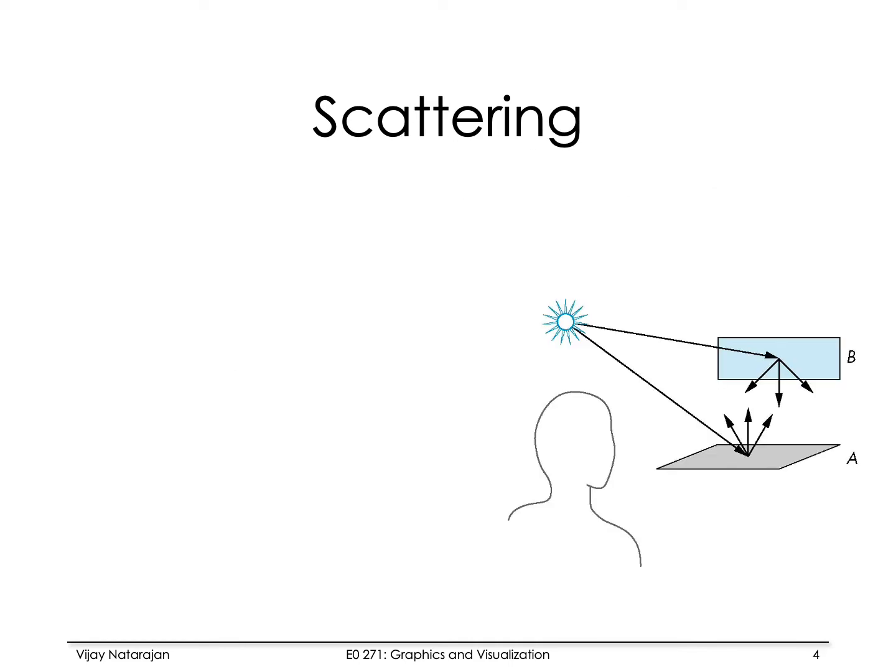So the reason these different entities that we saw earlier play a role is that light scatters when it hits surfaces. So for example, consider two surfaces here, A and B, and a light source. Light strikes A, and after it hits A, some of that light is absorbed by the object A, and some of the light is scattered, as you can see.